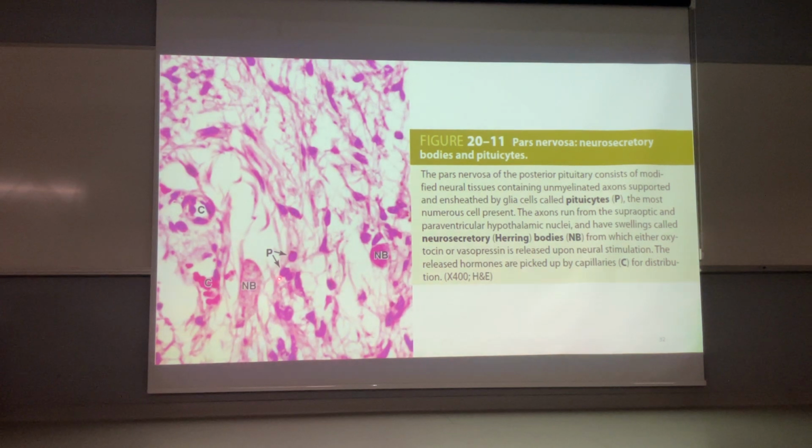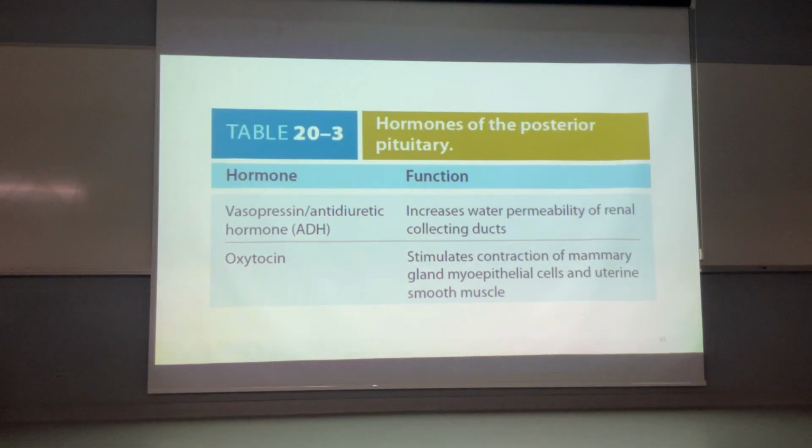This shape is a part of the axon and is related with the hormones and their carrying protein, known as the Herring bodies or neurosecretory bodies, special for the neurohypophysis. Don't forget. Do you have questions from this part? Also, you can see capillaries between the glia cells.